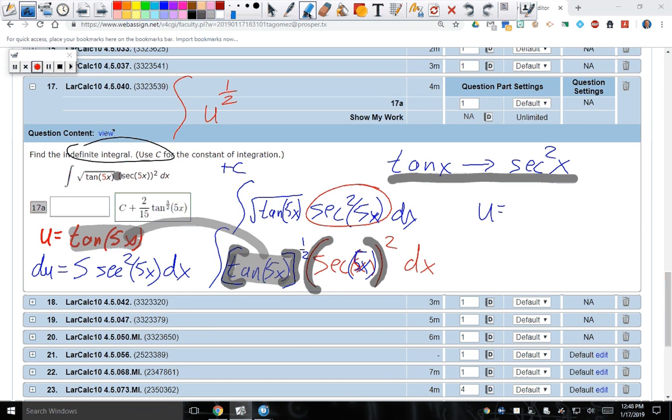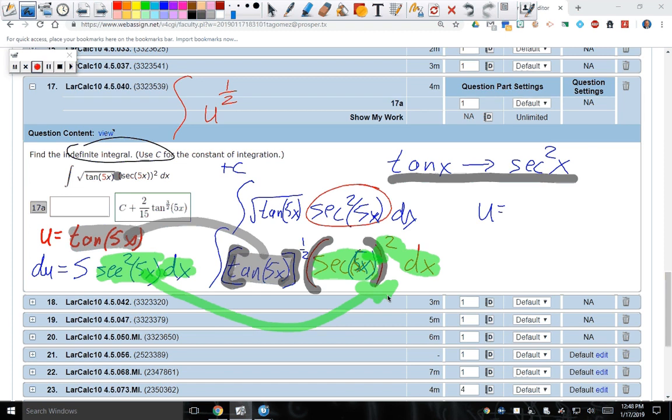Are you with me? I still have to gobble up all of the remaining scraps, if you will, of my original integrand. Well, get this. Secant squared 5x is actually going to come right here, and there's your dx that matches the pieces that I still need to use.